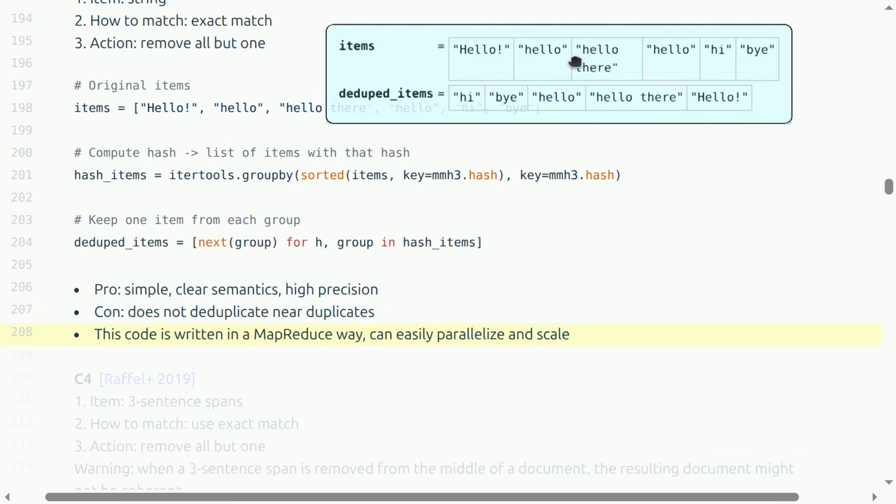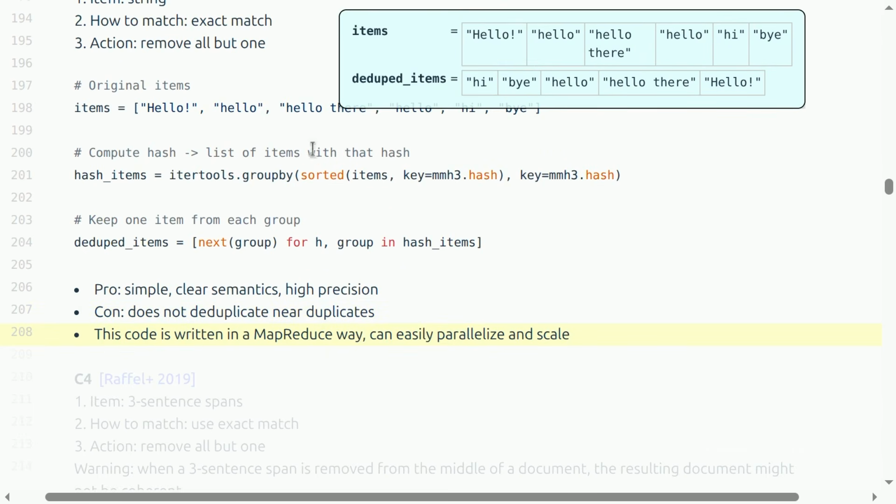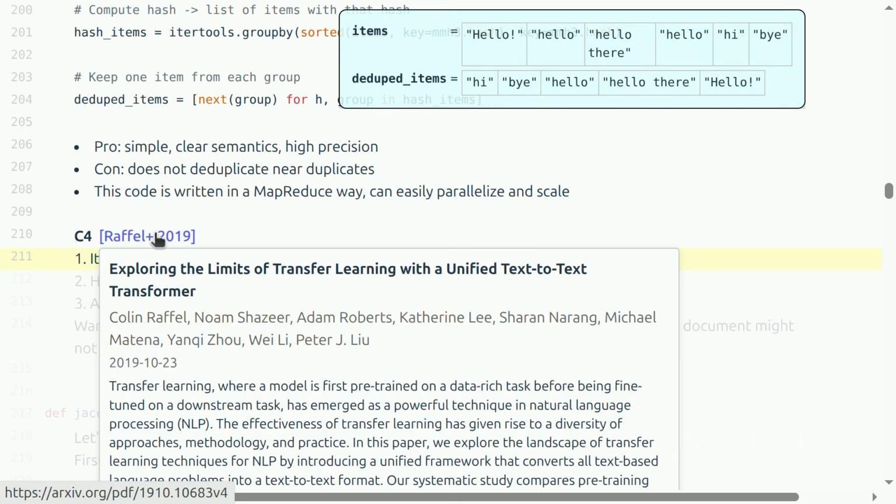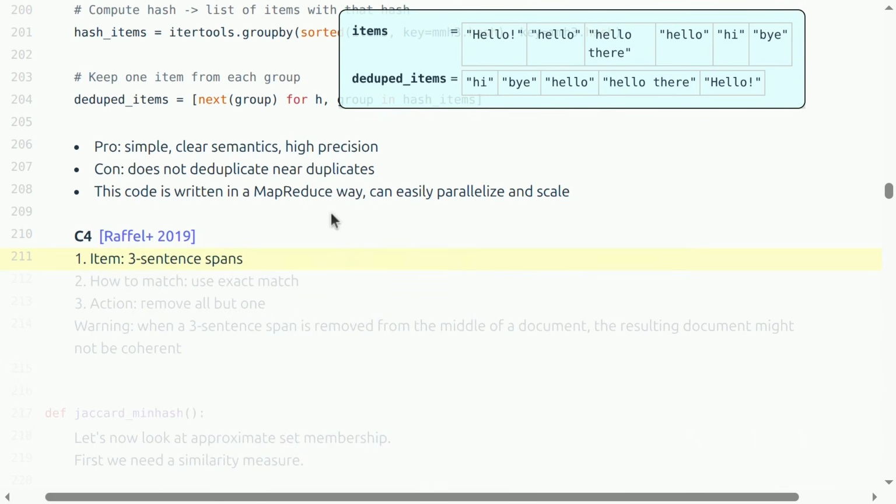And one note is that there are many ways to have written this. This is written in a bit of a map-reduce style, which makes it more easily parallelizable and scalable. So C4, from the T5 paper, which processed Common Crawl, did exact deduplication. The items they operate on were 3-sentence spans, and you do exact match, and they remove all but one.